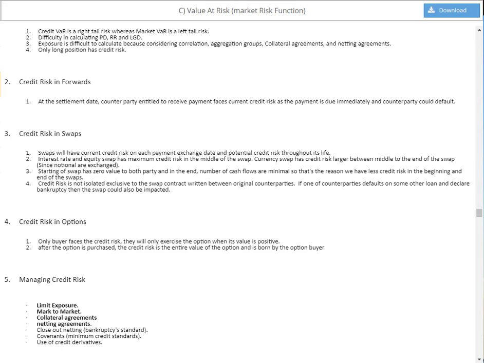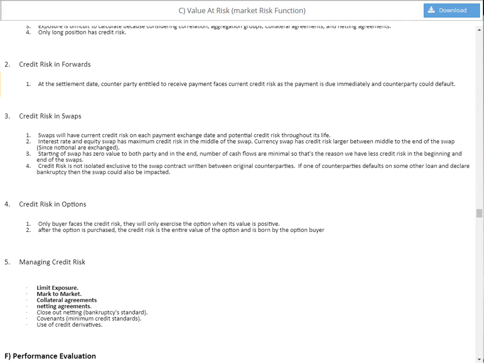Netting agreements: payments are netted between parties so that the credit risk can be minimized. Covenants: having strict covenants in the legal contract reduces the credit risk, and the use of credit derivatives like CDSs also helps reduce credit risk.